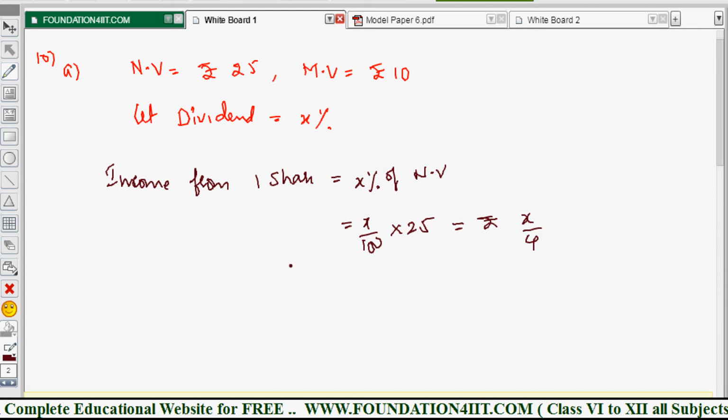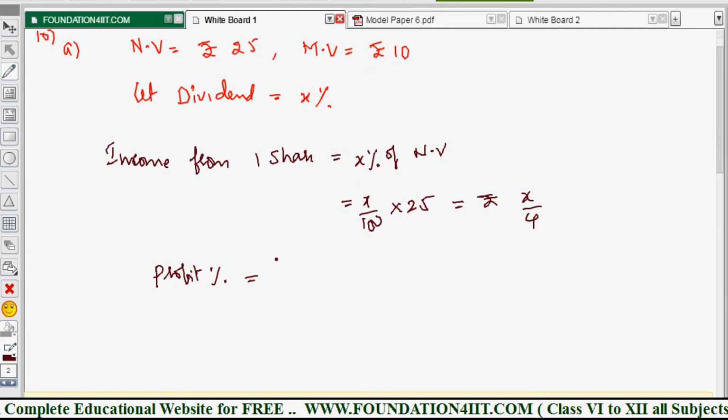And profit percentage. So profit percentage is X by 4, which is the income from one share, by market value. X by 4 is income from one share, by market value is 10, into 100%.